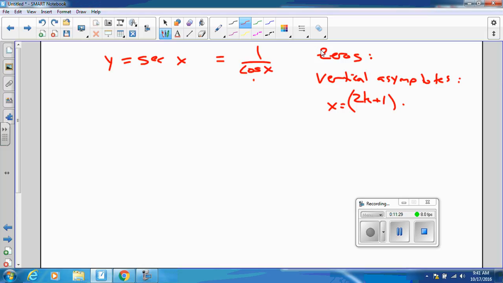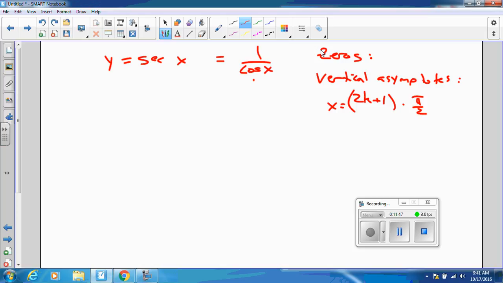Pi over 2. Yes. We're looking at odd multiples of pi over 2. And if you're confused about that, take a look at your unit circle.